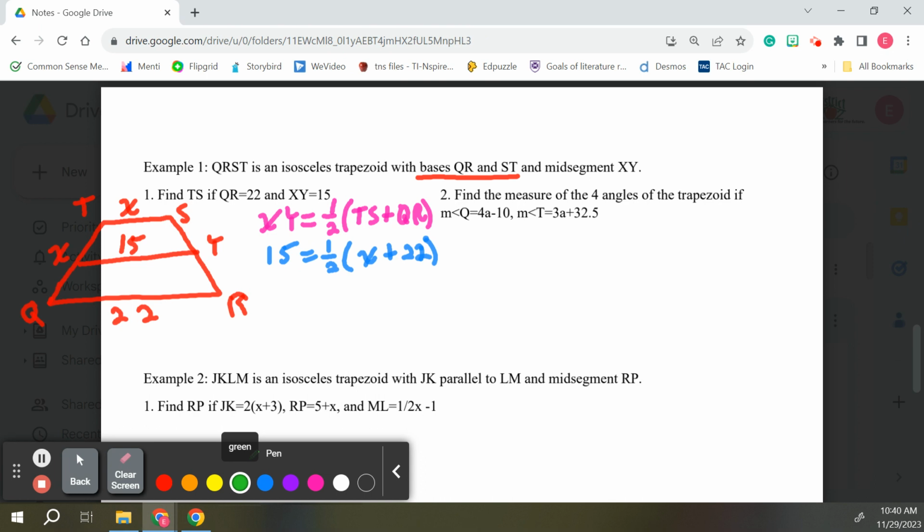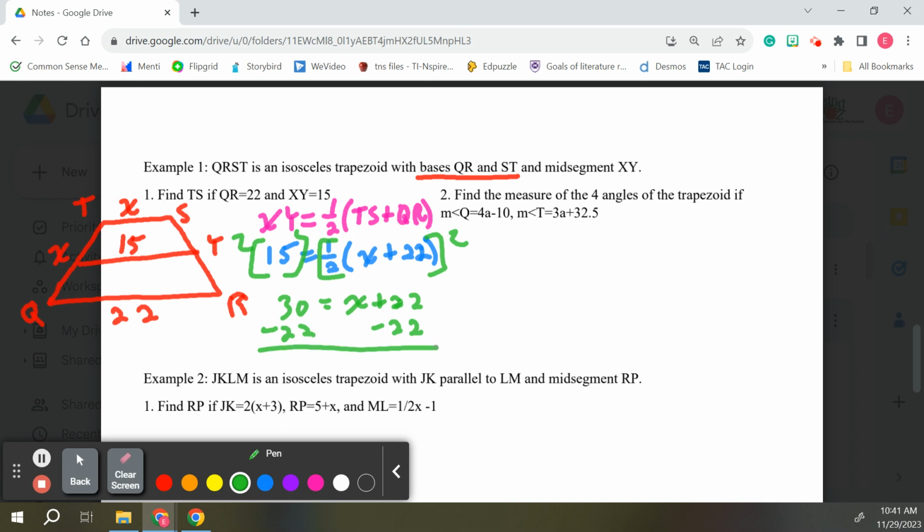Who remembers? Anybody? Good. Yeah, multiply both sides by 2. Very good. We just multiply it by that denominator. So this leaves me with 30 equals X plus 22. I'm going to subtract the 22 from each side. This leaves me with X equals 8, which is TS. So in this case, TS is equal to 8.